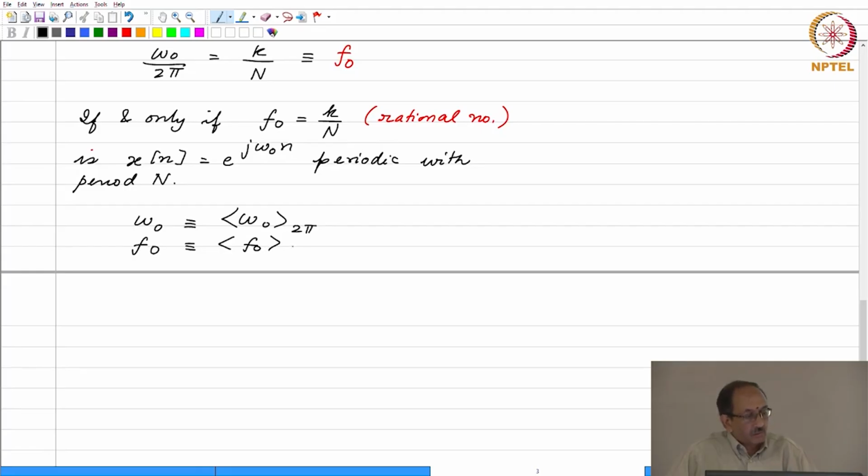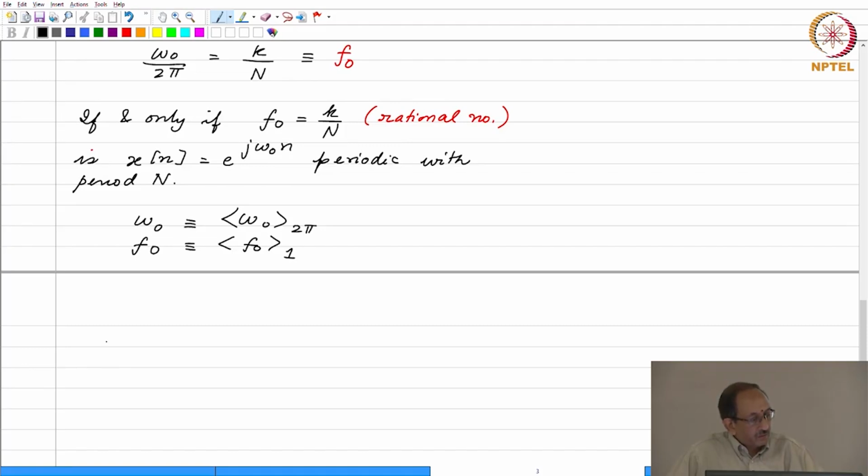Mod 1, right? Because if omega naught is mod 2 pi, since f naught is omega naught by 2 pi, a little f naught has to be in the range 0 to 1 or between minus half to plus half.